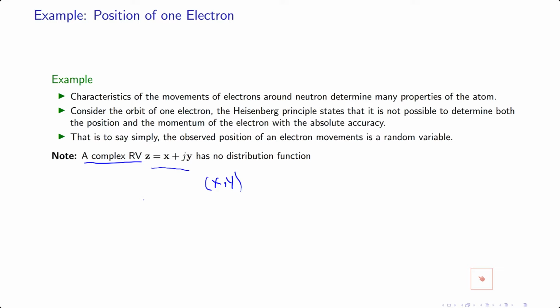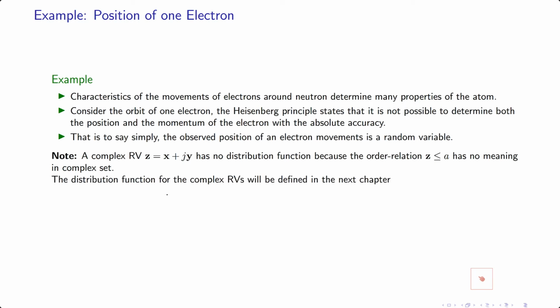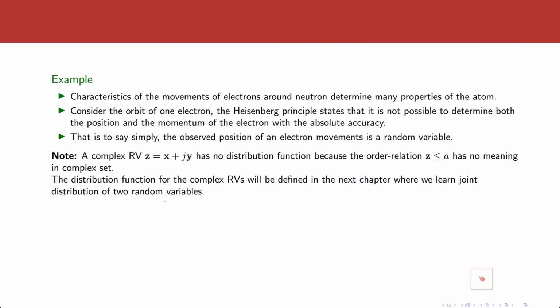Basically, a complex random variable is nothing more or less than a pair of random variables. We'll learn this more in the next chapters. The distribution function for a complex random variable is just the joint distribution of x and y, which we will learn in the next chapters, when we learn about more than one variable.